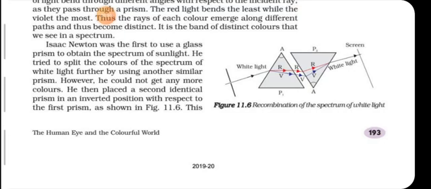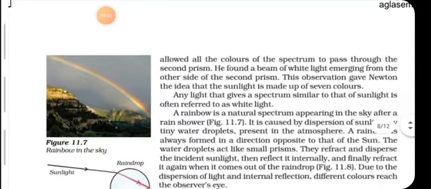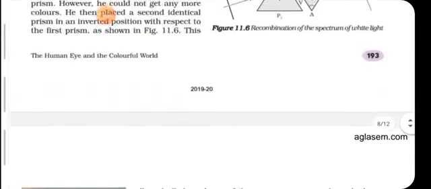Isaac Newton was the first to use a glass prism to obtain the spectrum of sunlight. He tried to recombine the colors of the spectrum of white light by using another similar prism. He placed a second identical prism in an inverted position with respect to the first prism.